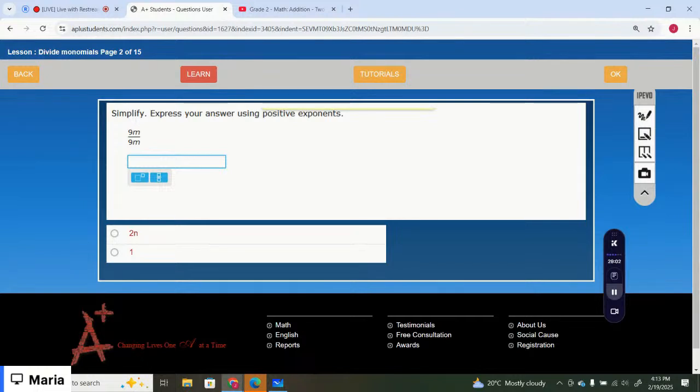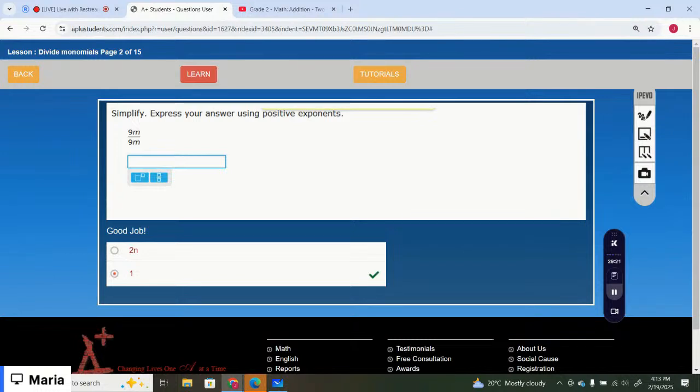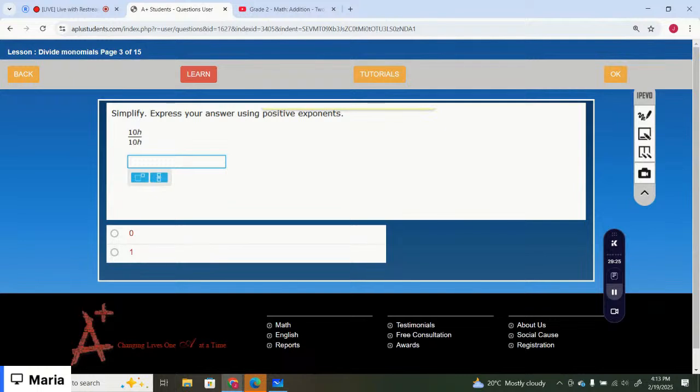9m divided by 9m. That is 1. Option number 2 is the correct option. 10h divided by 10h.